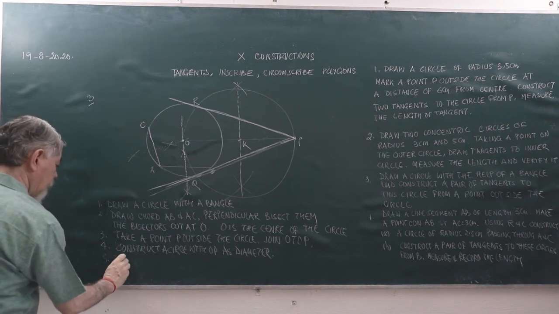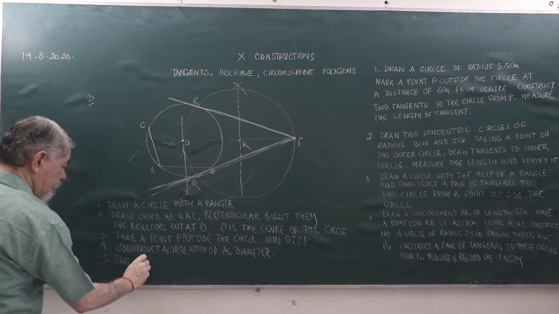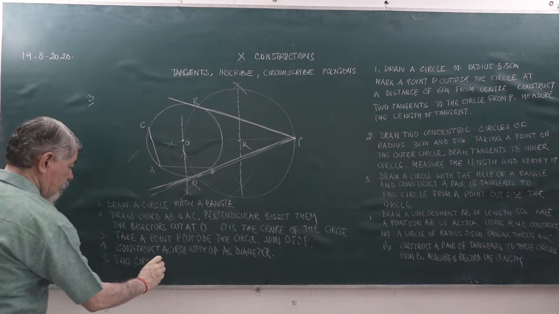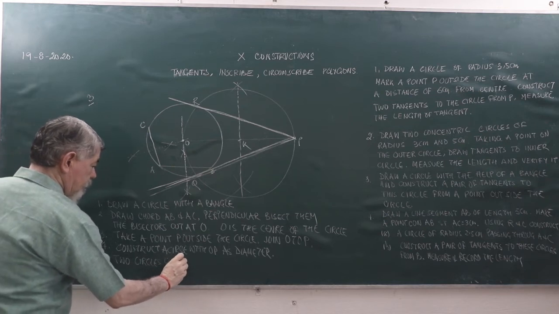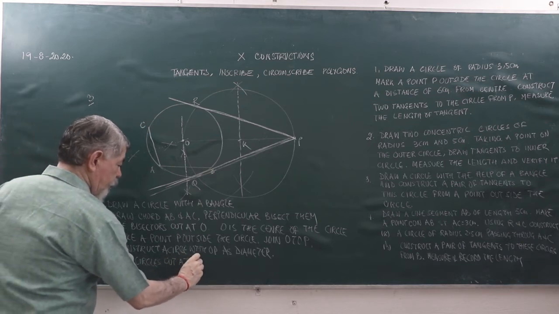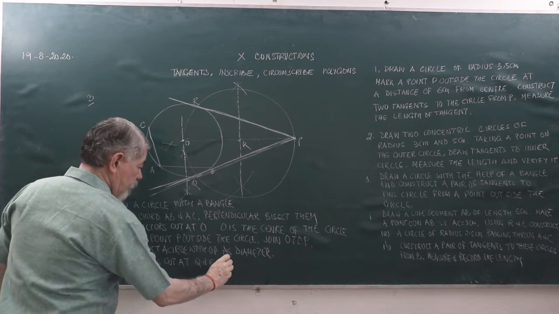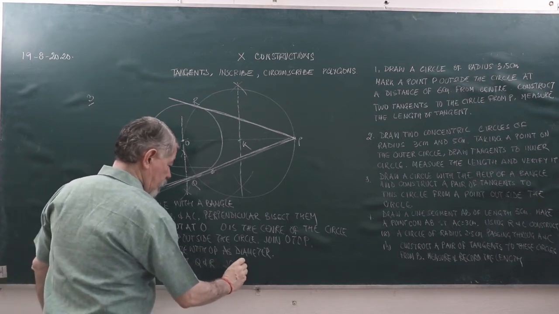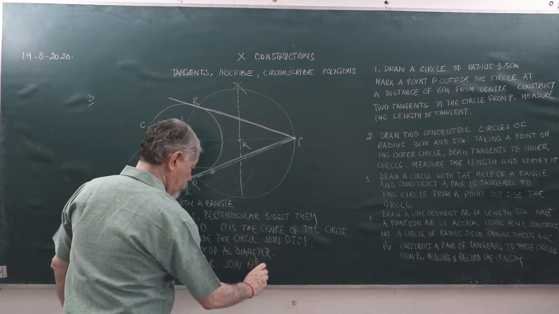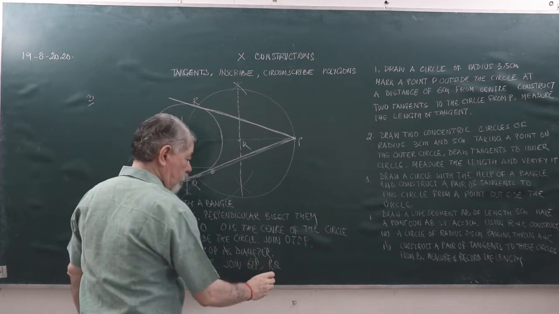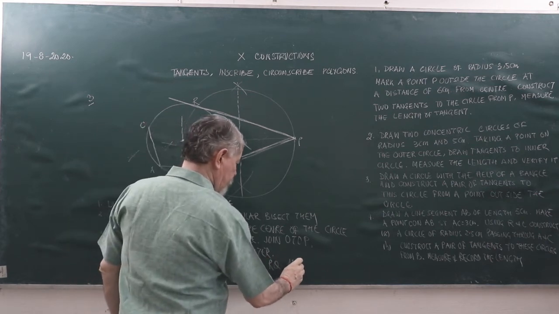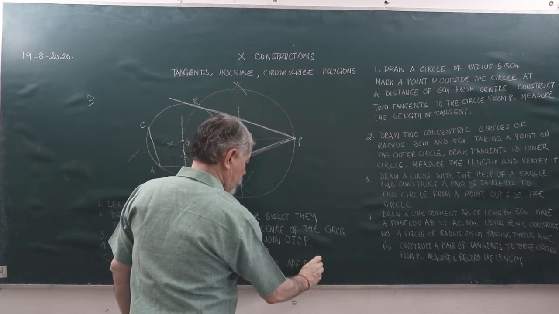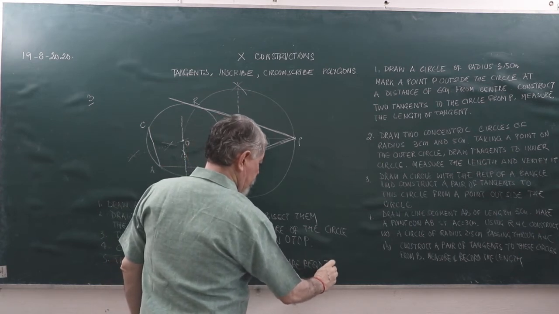The two circles cut at Q and R. Join QP and RP. These are the required tangents.